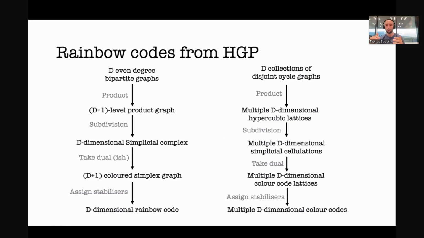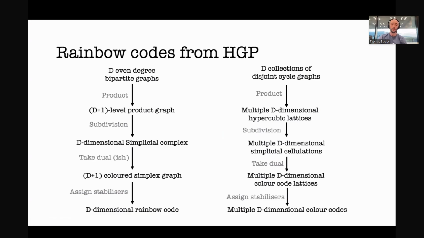And then when I take the product of all of these, every D-tuple of cycles, one cycle from each of the graphs, is going to give me one D-dimensional hypercube lattice. And I'll have one of these for every possible combination of cycles that I can pick. And then you subdivide those, you'll get D-dimensional simplicial cellulations, and then D-dimensional color code lattices, and then finally you'll just get many copies of the D-dimensional color code, right?